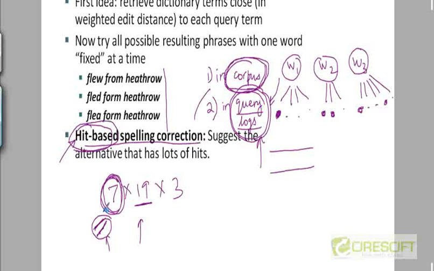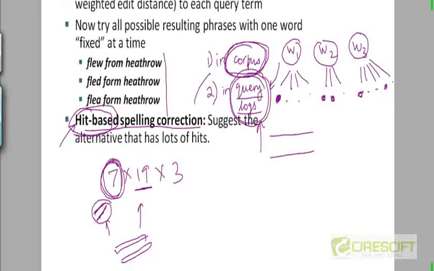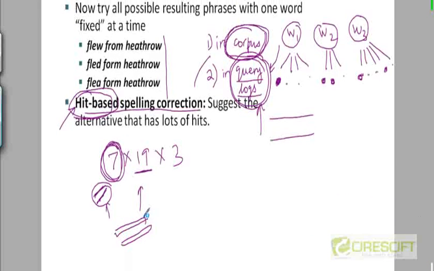And maybe, out of those 38, only one or two of them could have a large number of hits relative to the others. So then you will work with only those one or two biwords and then add the spelling suggestions for the third term. Right? So if you do that, you can cut down on the number of possibilities.